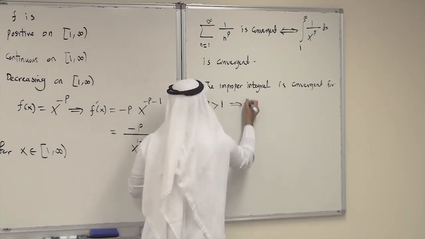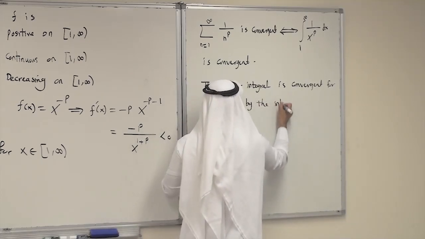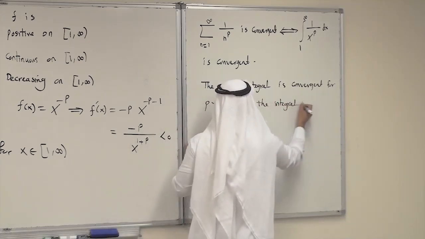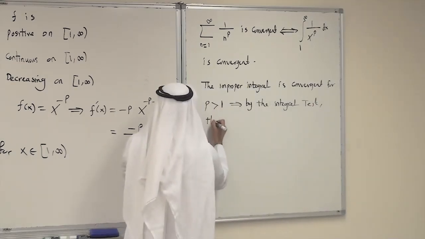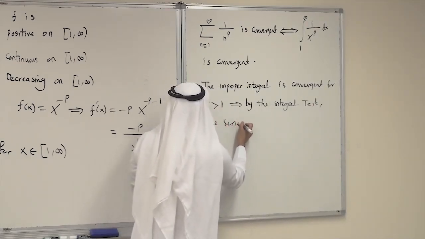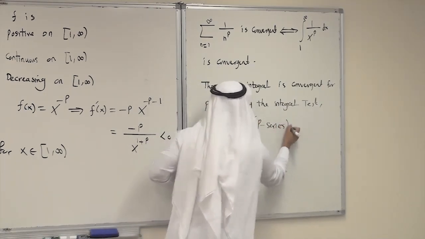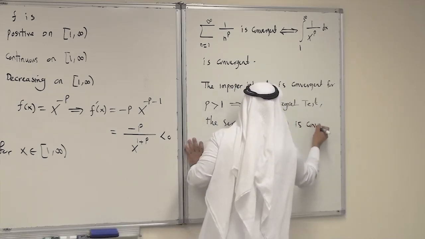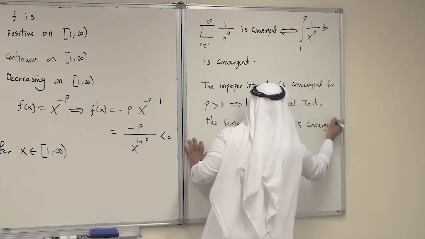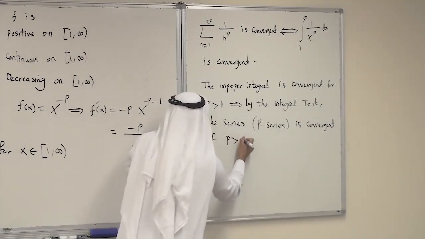This implies by the integral test, we have what? The series. They call it the P series, okay? The P series is convergent if P is strictly greater than 1.